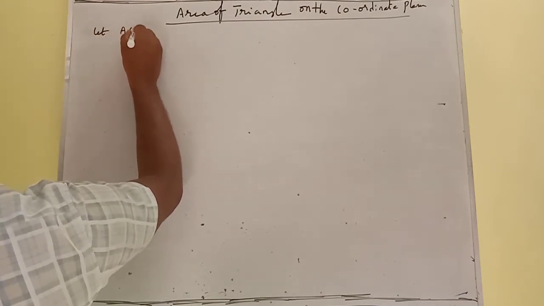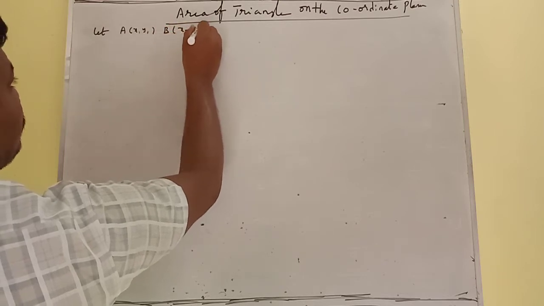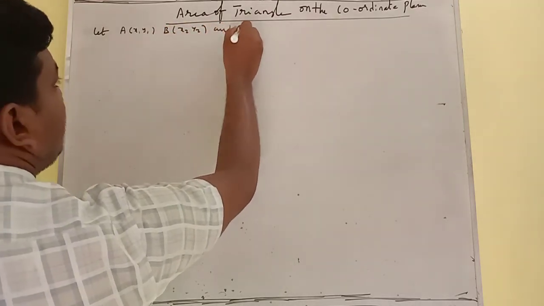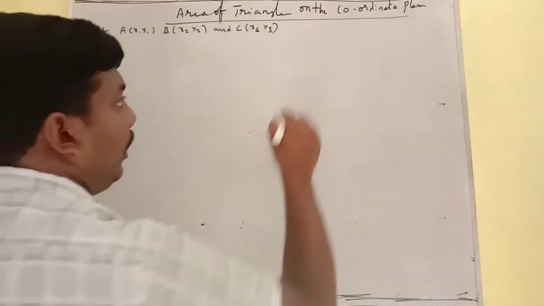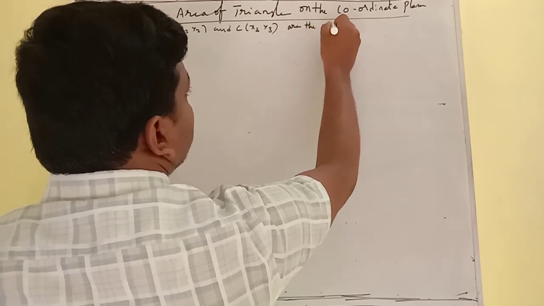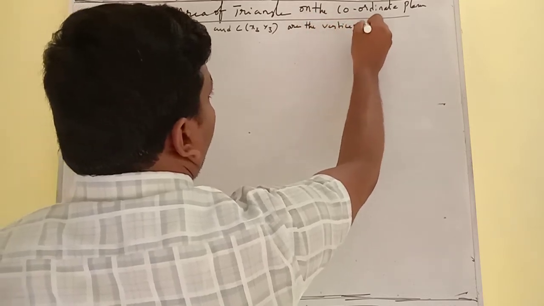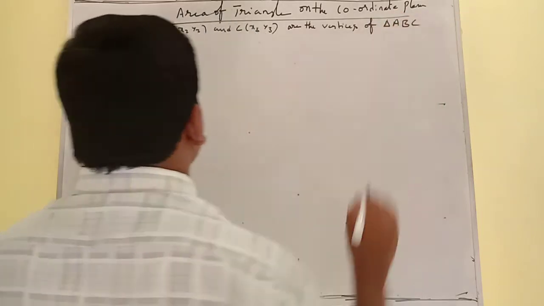A (x1, y1), B (x2, y2) and C (x3, y3) are the vertices of triangle ABC.